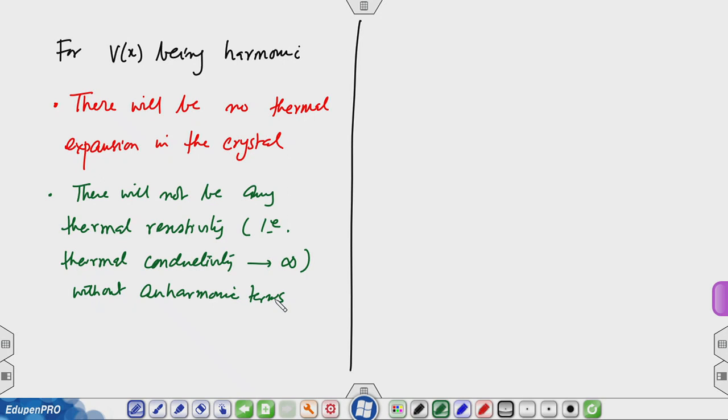So, this is what we are going to focus on, these two things, how anharmonicity gives rise to these two effects.